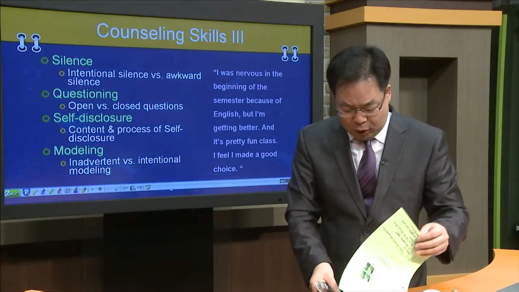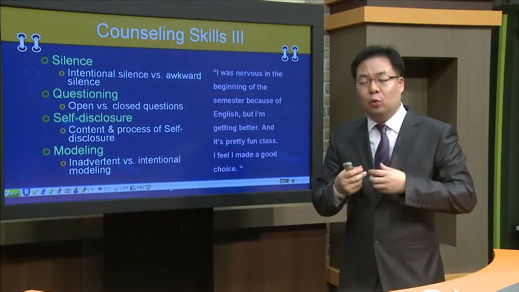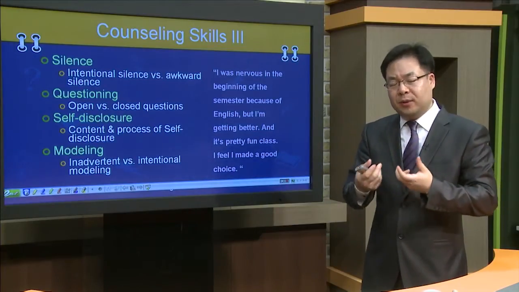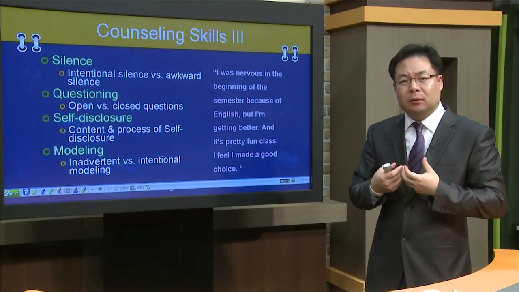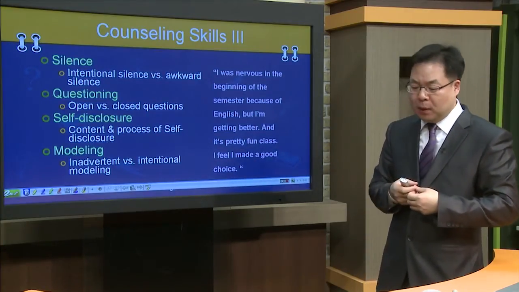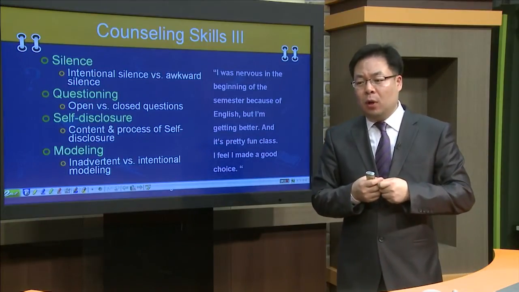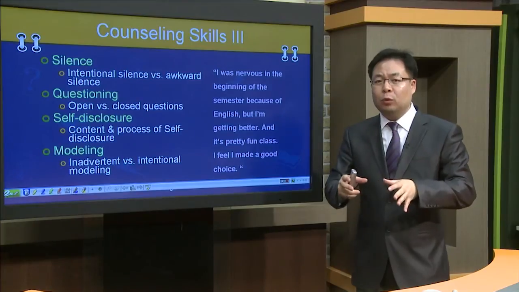The textbook introduced three different modeling ways. The first one, we can show specific behavior as a counselor or as a role model. So we can display some specific behavior. That's one of the intentional modeling. We can also play activities even in the session, like role play and role rehearsal.